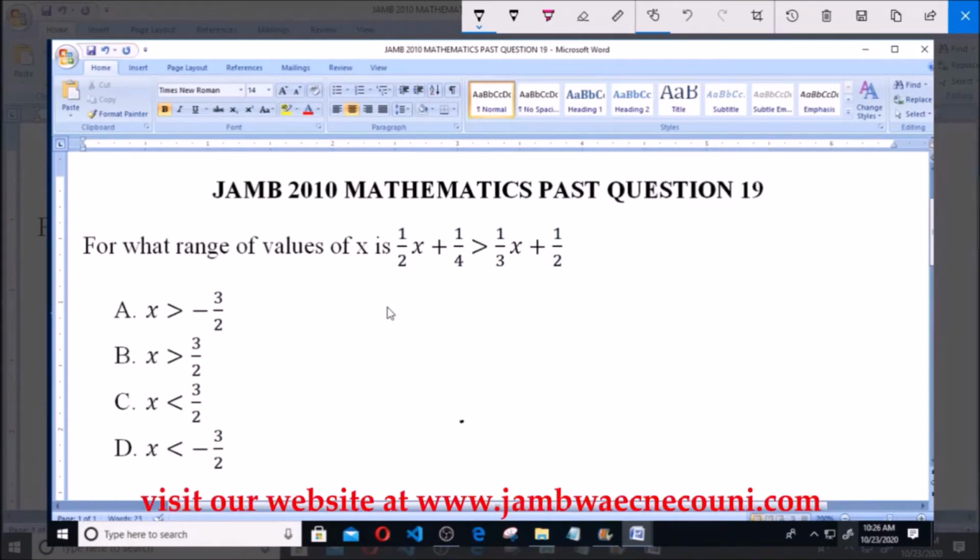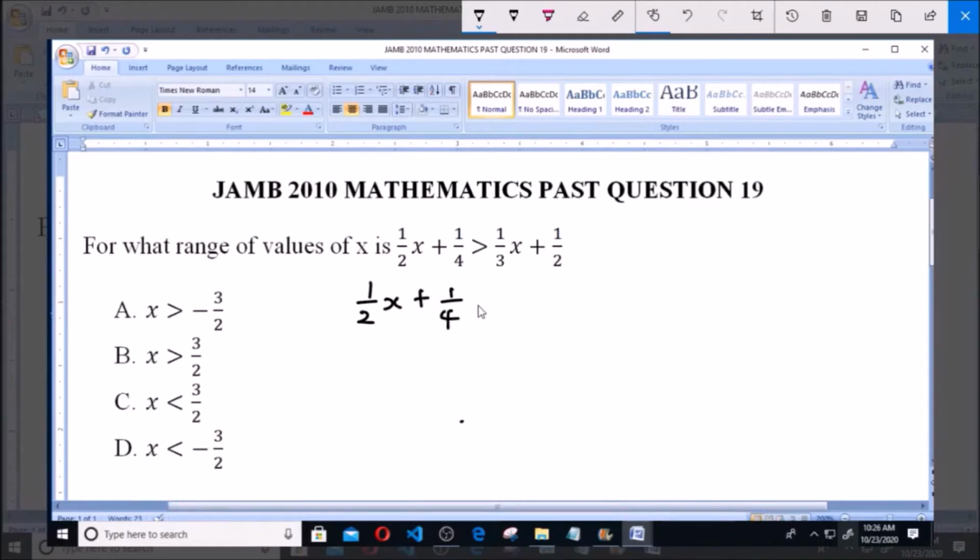Now we're given 1 over 2x plus 1 over 4 is greater than 1 over 3x plus 1 over 2. Now this is the same as saying x over 2 plus 1 over 4 is greater than x over 3 plus 1 over 2. Now let's take the LCM of this side.